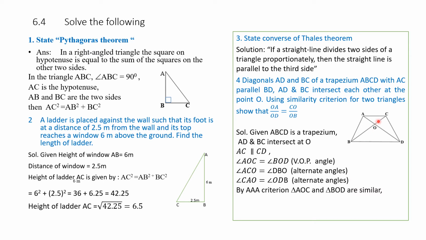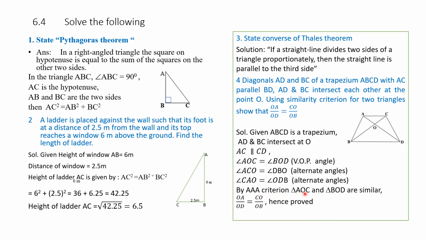Angle CAO is equal to angle ODB, that is an inverted Z. CADB is an inverted Z. Here also angle D is equal to angle A. So this you have to remember, and hence by AAA criterion angles are equal. But you can also write the AA similarity criterion for two triangles.